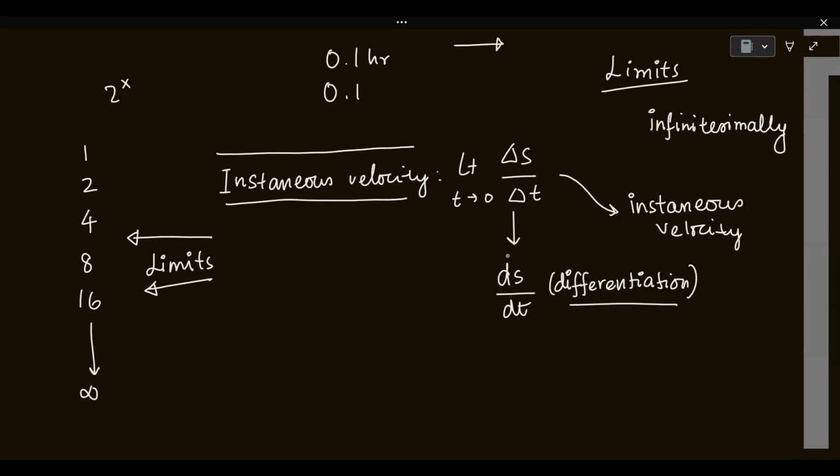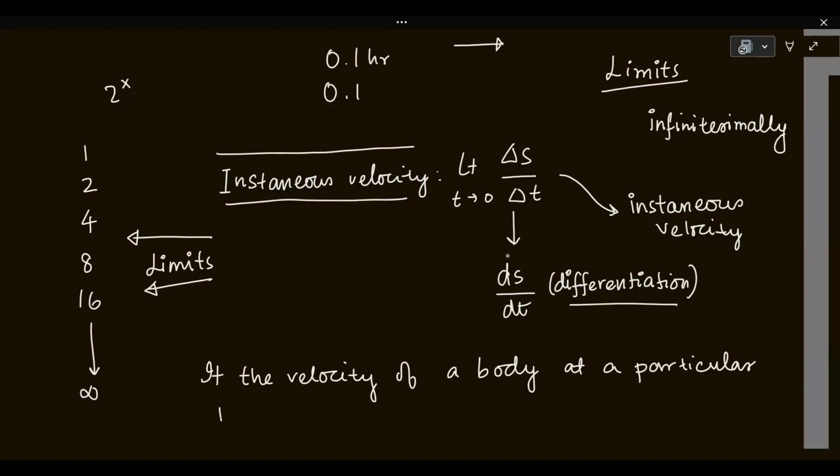It's the rate of change of displacement when the time interval that we are taking approaches zero. I need you to write down this statement. It is the velocity of a body at a particular instant in time.